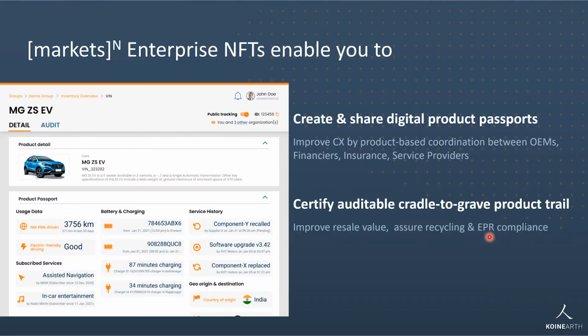The product passport is a good fit for those solutions also, because you are now creating the shared, auditable, verifiable history of the vehicle, not only at birth, but in usage and then in death, right? So that is what we mean by cradle to grave.